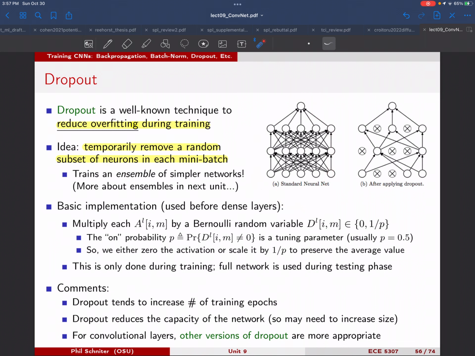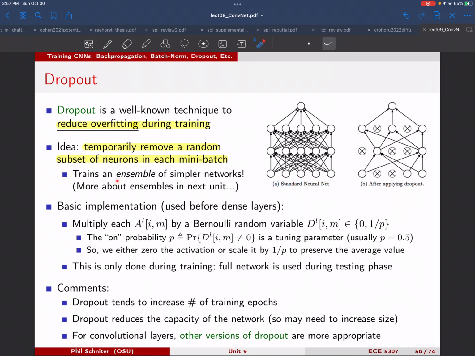One way to understand this is you can think of this random instance as one version of the network, and then at another time you have another version of the network, and when you put them all together, it's kind of like you have a whole collection of subnetworks working together.